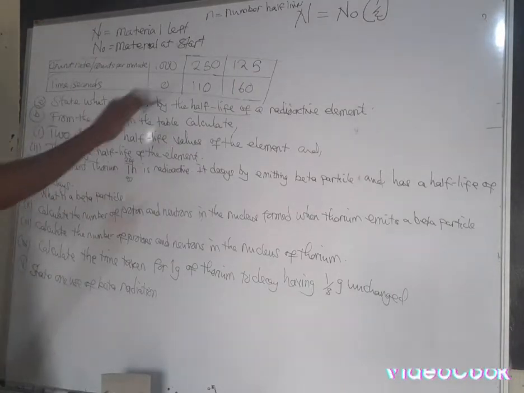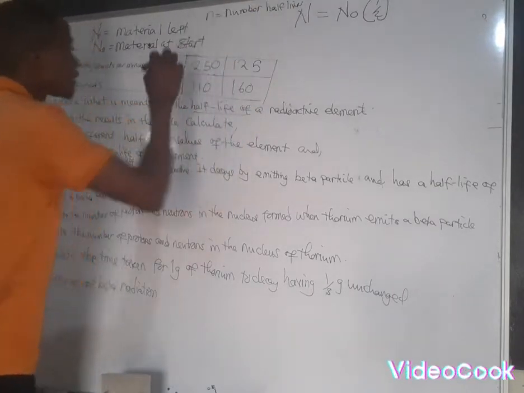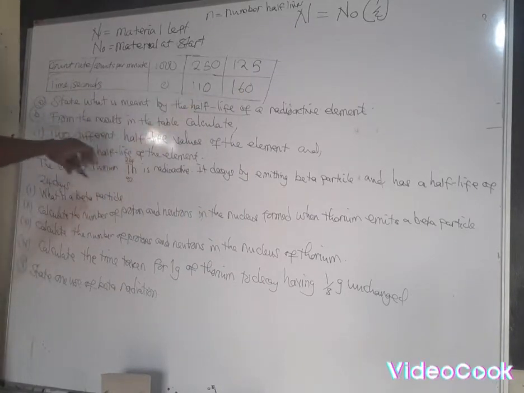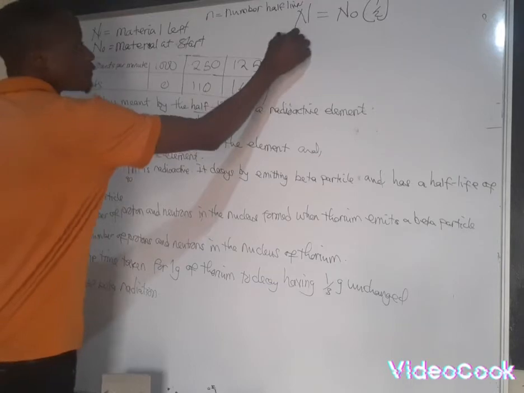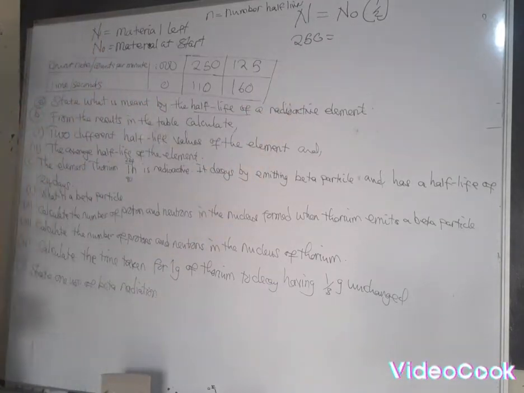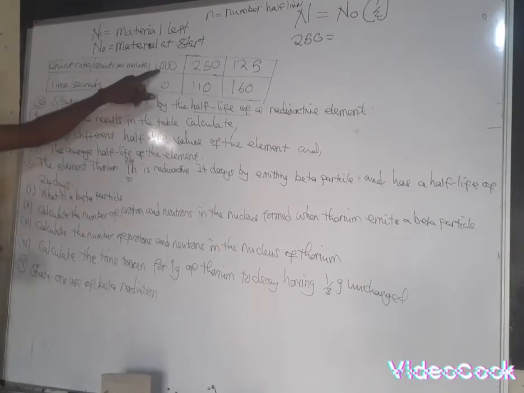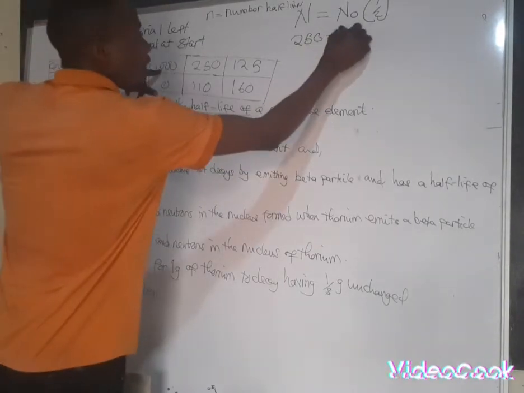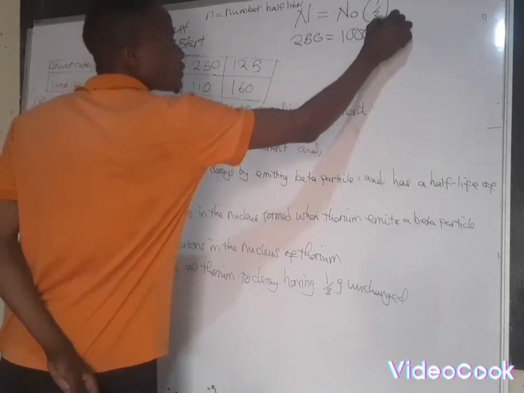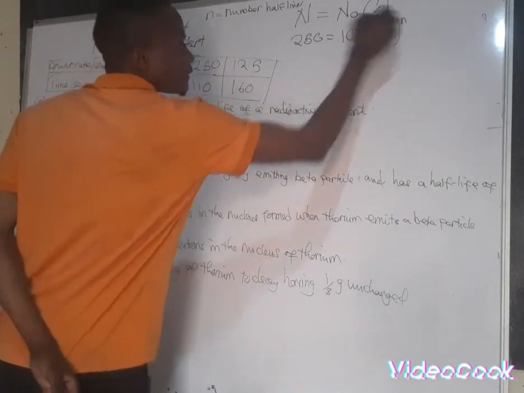Now, the amount of material left in the first 1/10 second is 250. So we put 250 is equal to the amount of material at start, which is 1000, then multiplied by 1/2 to the power n.